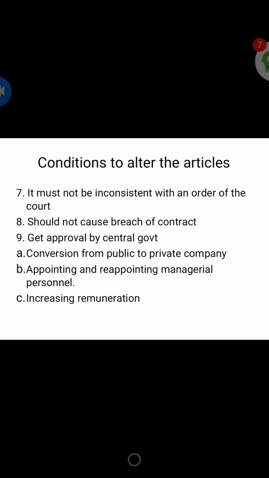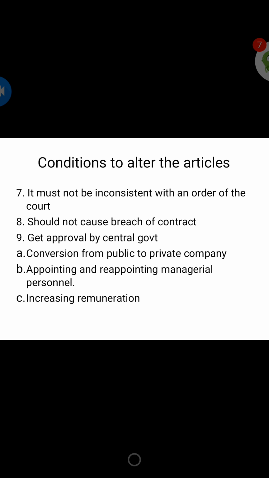Suppose, for example, we have a preliminary contract or preliminary agreement as a content of your articles of association. Which means you have entered into an agreement with a third party, and if you are going to change the articles, that change should not affect it or lead to the breaking of contracts.